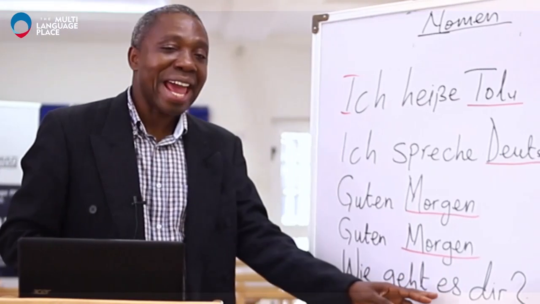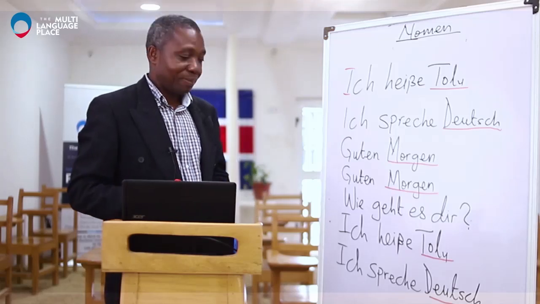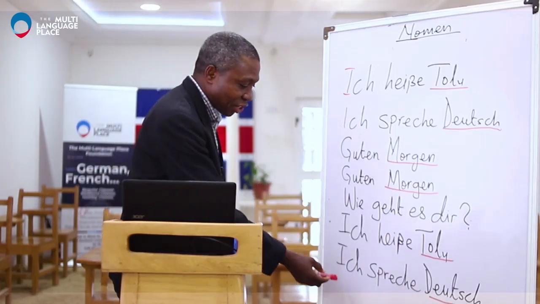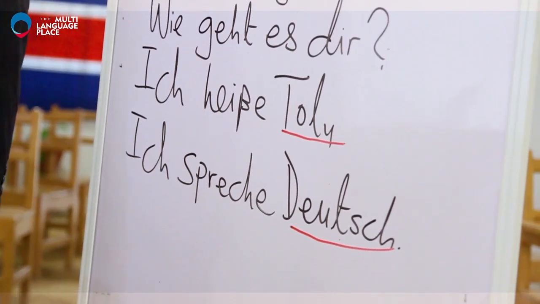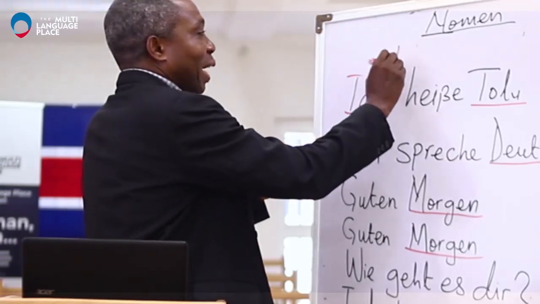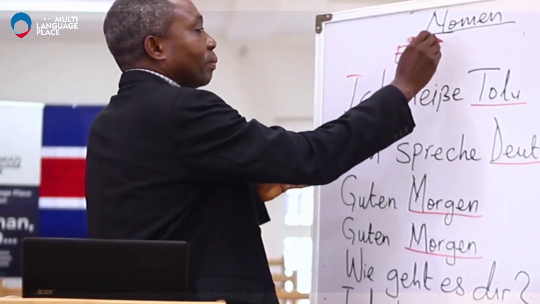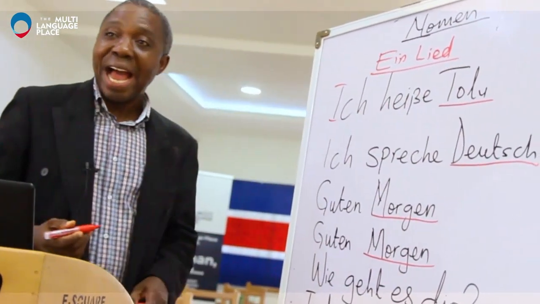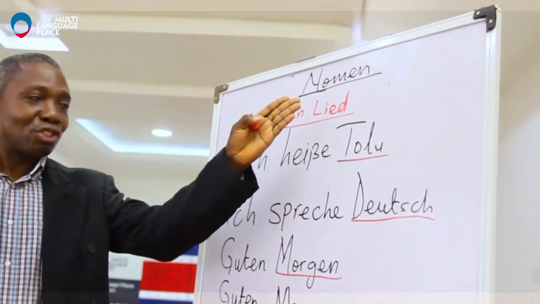Wie geht es dir? Ich heiße Tolu. Ich spreche Deutsch. Okay, that's actually a song. I'm going to write it here. Ein Lied. A song.